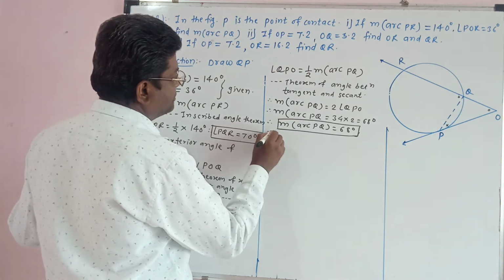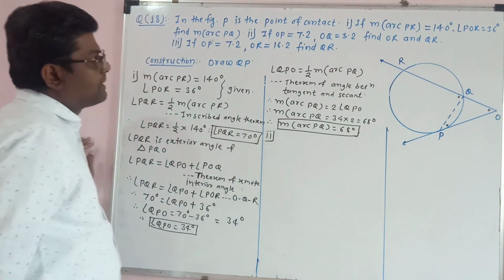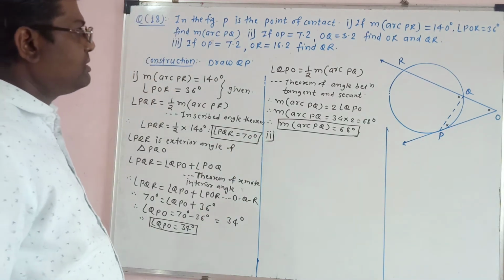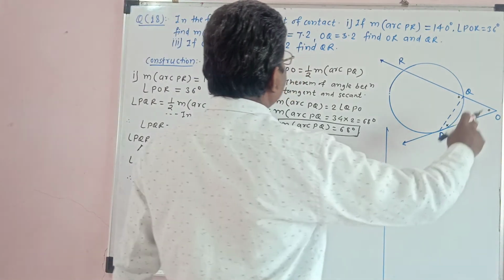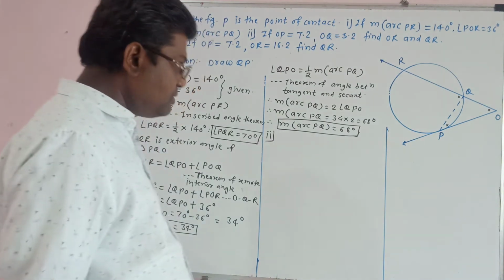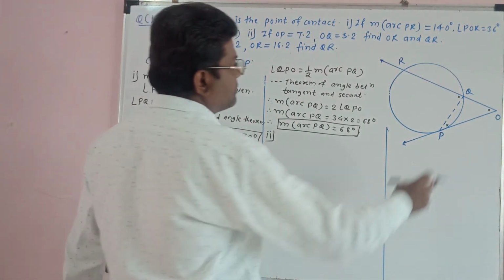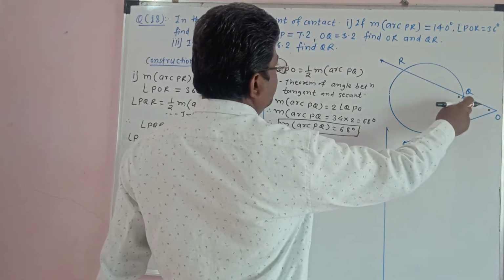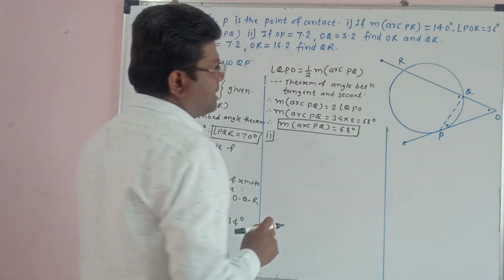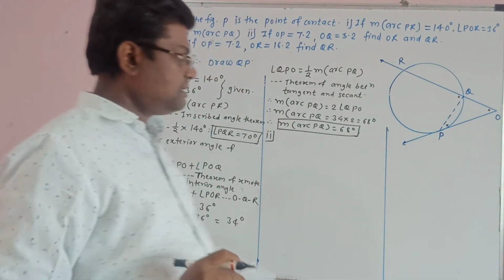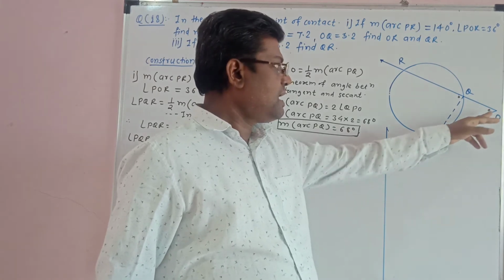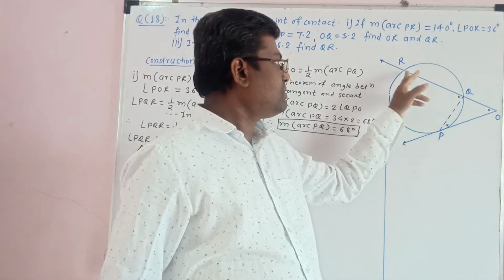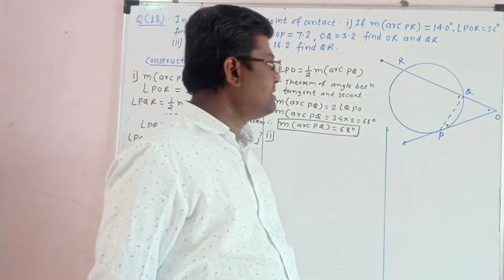Now number 2. OP is equal to 7.2. OQ is equal to 3.2. Find OR and QR. Let's see, ray OP is a tangent and QR is a secant.